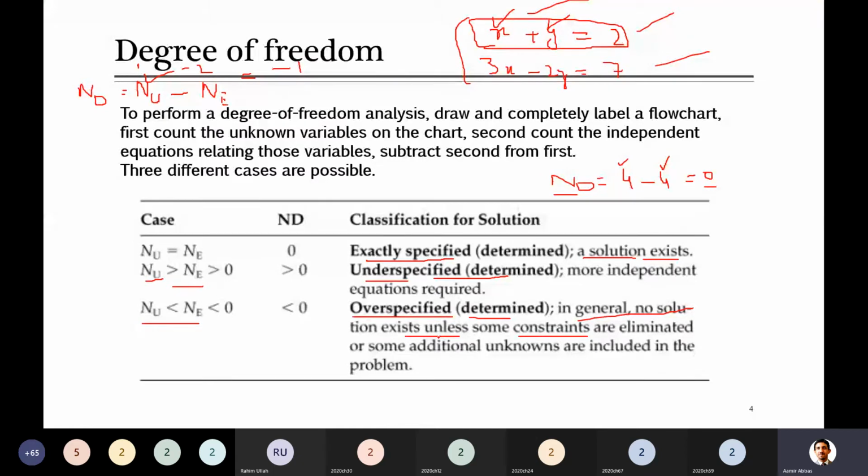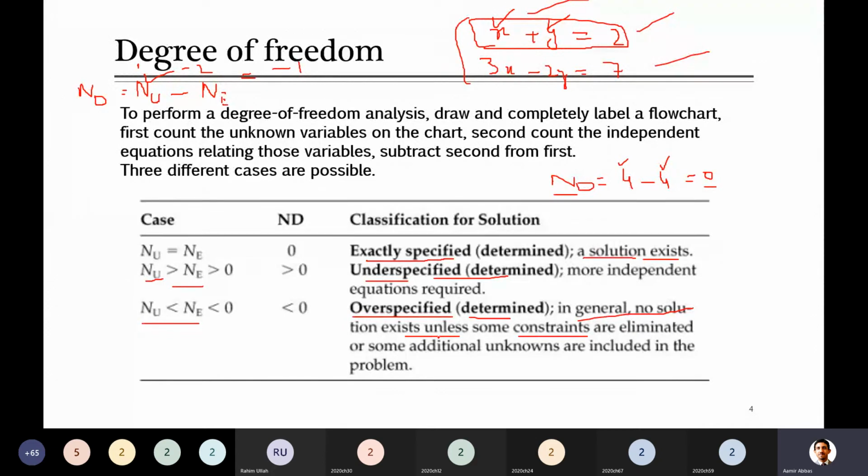In both of these cases, you have to look at the question and sort it out. Either I can balance my number of unknowns and equations by any means, for example by reducing the number of unknowns, or increasing the number of unknowns, or just changing the equations which you have to use for calculation.